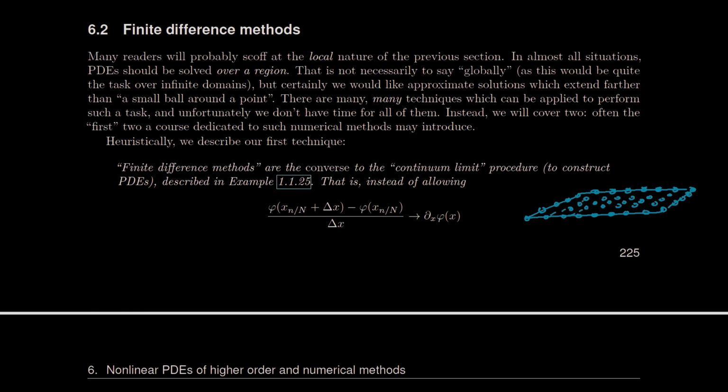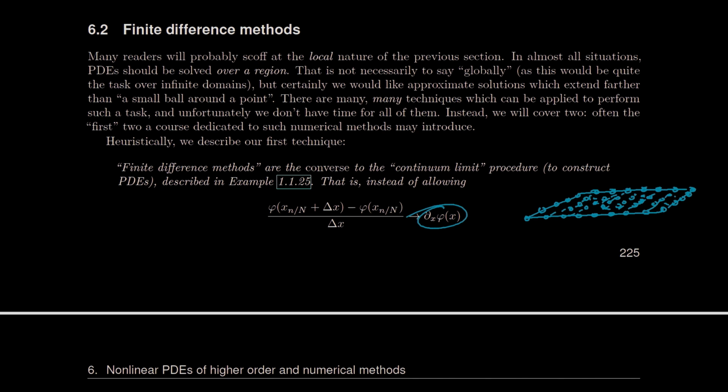And so all of these connections between all of the nodes that show up here, you take a finer and finer mesh and you end up finding partial derivatives or higher powers of partial derivatives through that mesh. That's called the continuum limit, if you can actually pass to an infinitely small spacing between these nodes or infinitely many nodes. And in reality, finite difference is just the opposite of that.